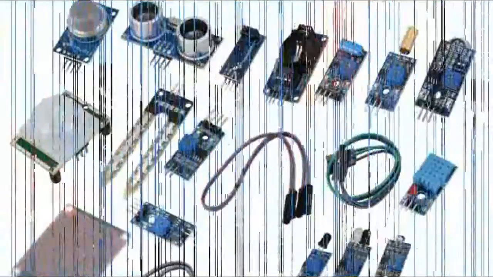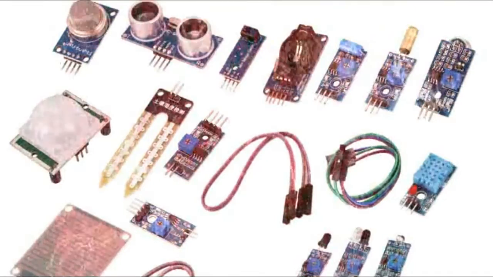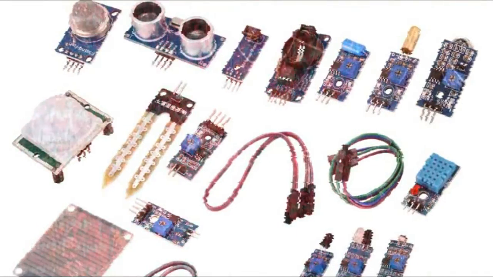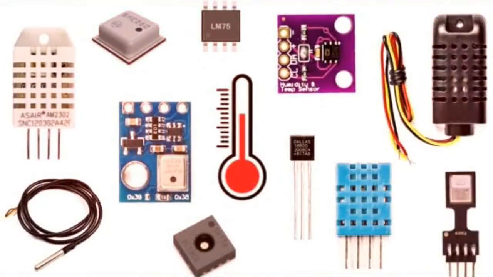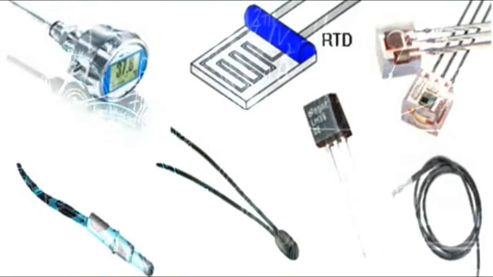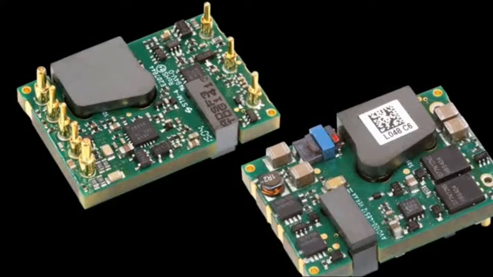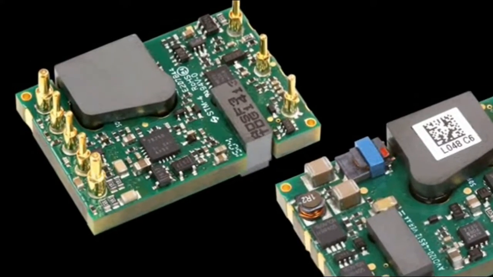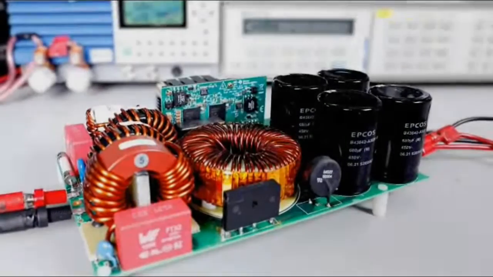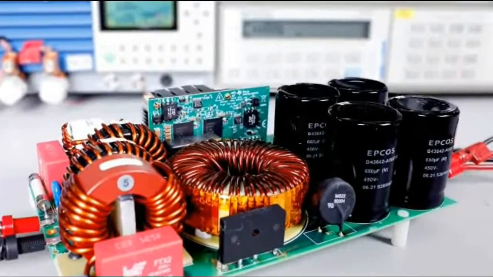Sensor ICs. These types of ICs are used to measure and detect physical information such as temperature, humidity, pressure, etc. Power ICs.